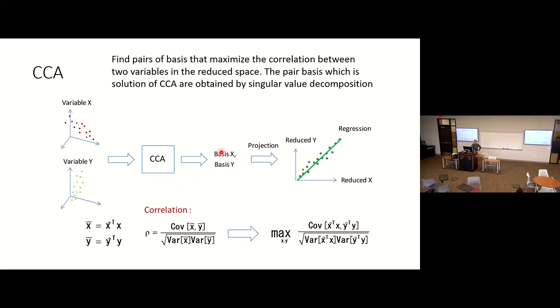Okay, so in order to find this rotation matrix, we need information about the relationship between data points or variables within this view and that view.